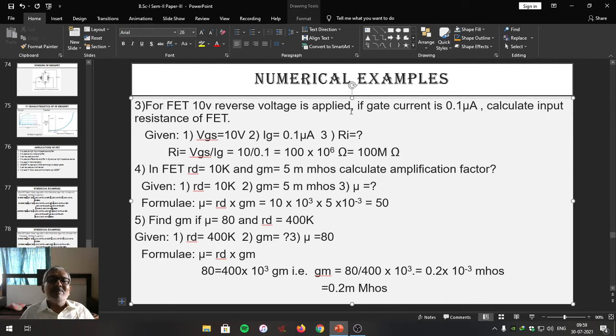For that VGS applied to be 10 volt. It is given. If gate current is 0.1 microampere, that means the input current, gate current is given. It is IG equal to 0.1 microampere. Calculate the input resistance of that. Read the example for FET 10 volt reverse voltage. Means VGS is given 10 volt. Gate current is given 0.1 microampere, 0.1 into 10 raised to minus 6.